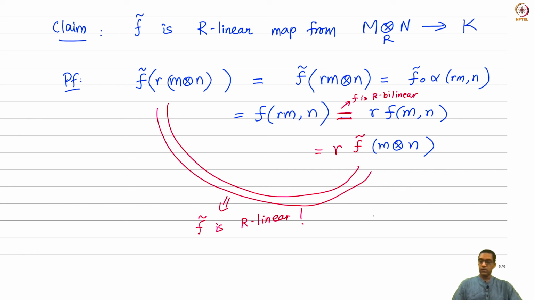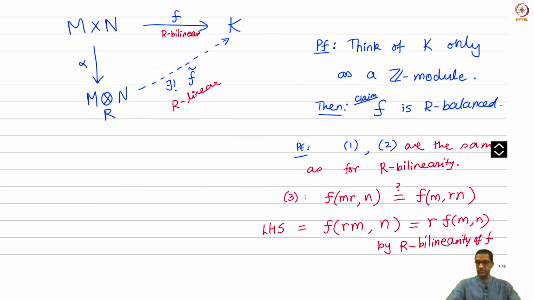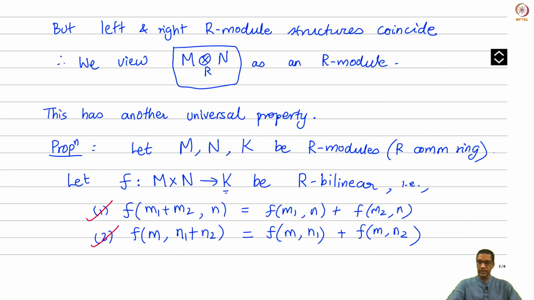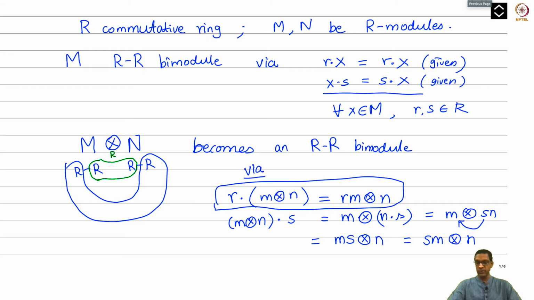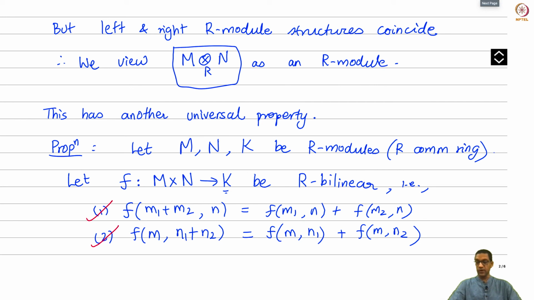Okay. Now, one can in fact define, and that's often how it's done when one only cares about commutative rings, the tensor product like this.